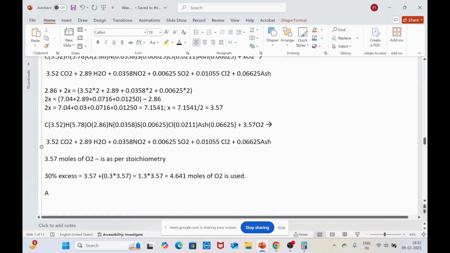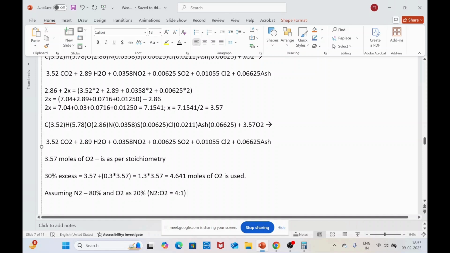So assuming nitrogen as 80 percentage and oxygen as 20 percentage, the molar ratio will be exactly 4 is to 1.